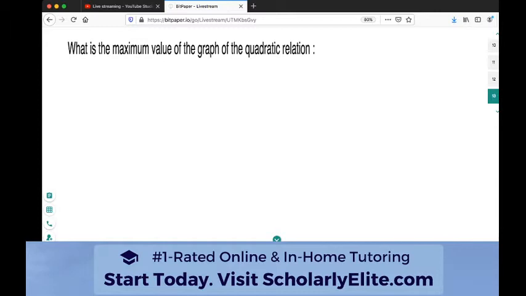The question that has been given is f(x) equals -2x squared plus 8x minus 19.